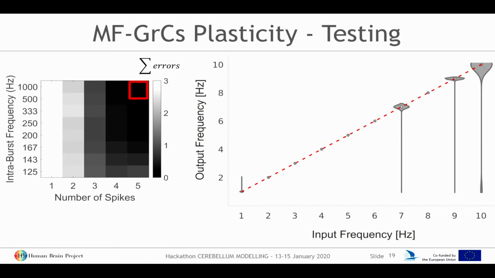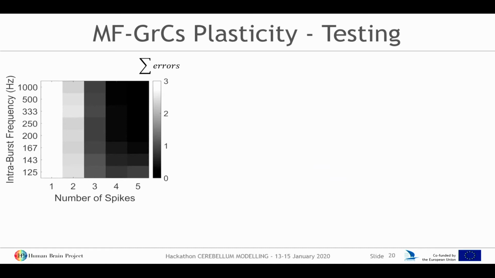We can see that with a high number of input spikes with a very high frequency, so we have very clean bursts of spikes, the performance of the algorithm is ideal. If we apply an oscillation frequency of 1 to 10 Hertz, we always identify the correct peak.